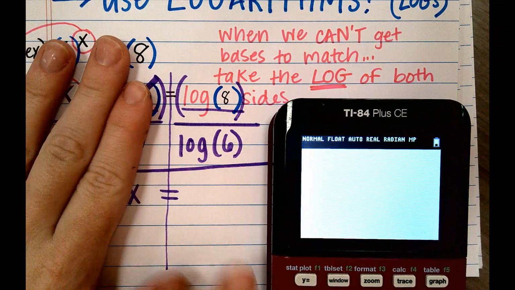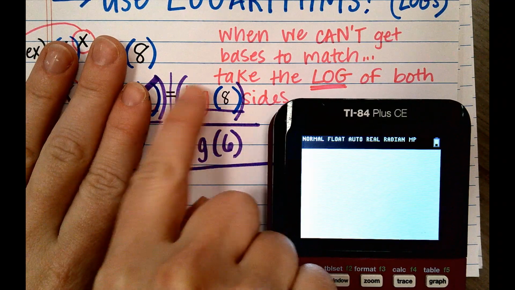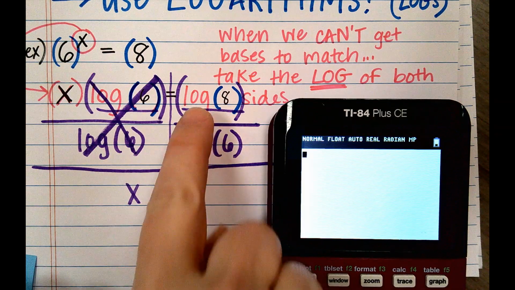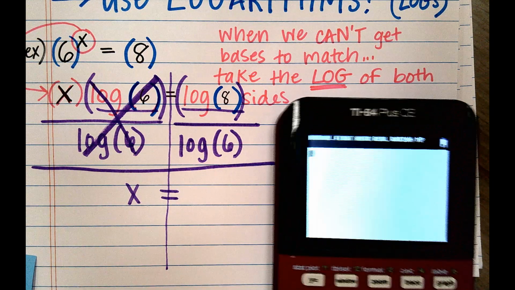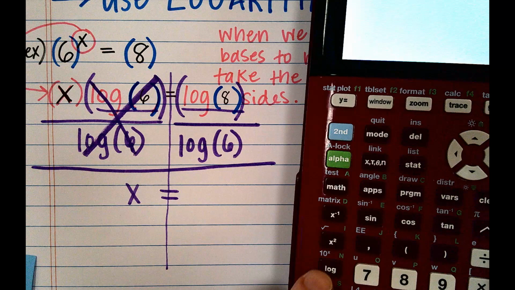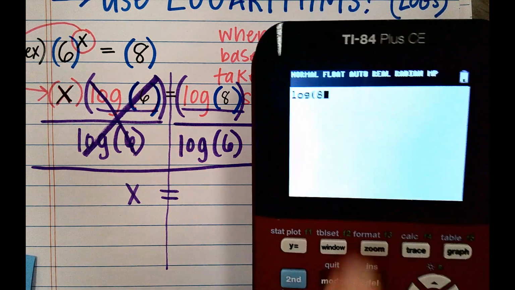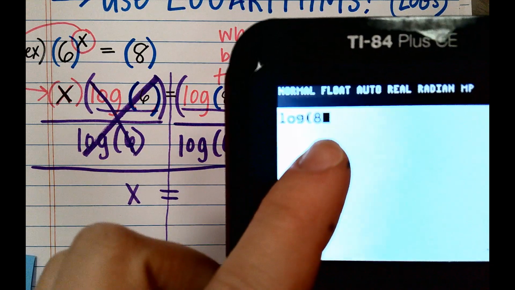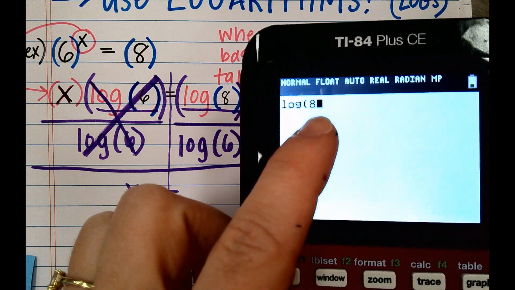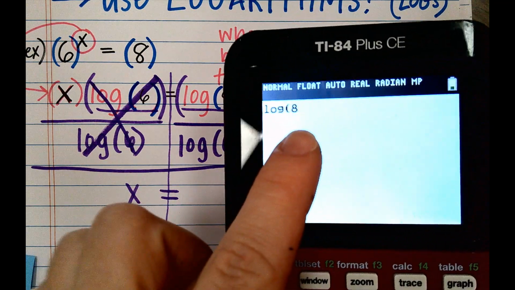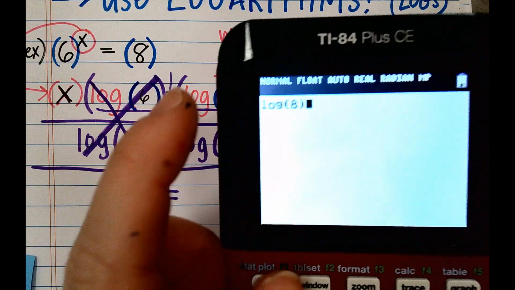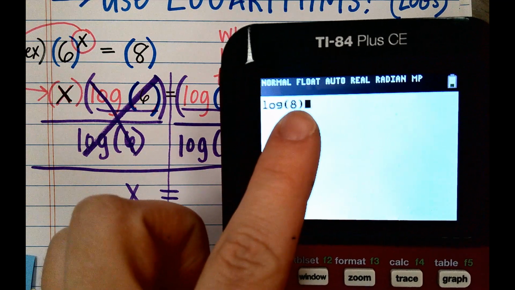What this says is the log of 8 divided by the log of 6. So we will type log 8. Now, notice there is a parenthesis in front of your 8. You have to close that parenthesis because this is log of 8. Close the parenthesis.